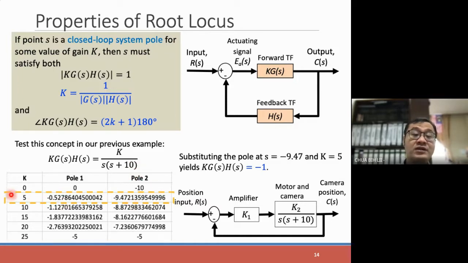And we already know, from when we used Excel, that when K equals 5, the poles occur at these 2 points: minus 0.527 and minus 9.472.